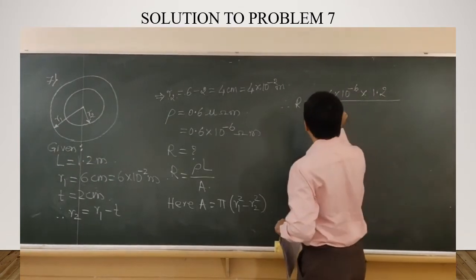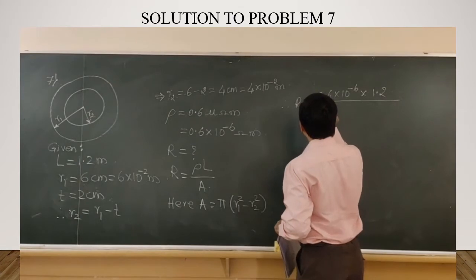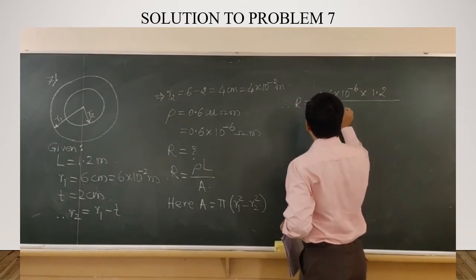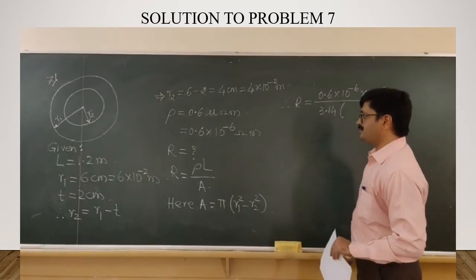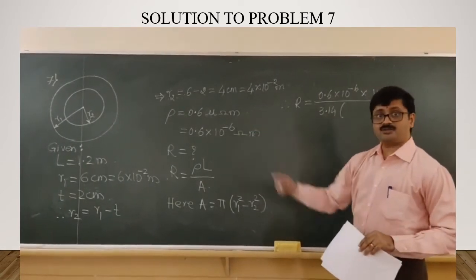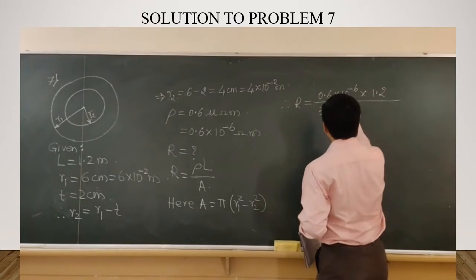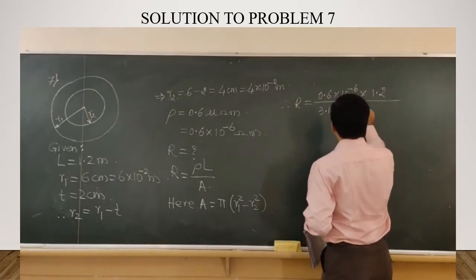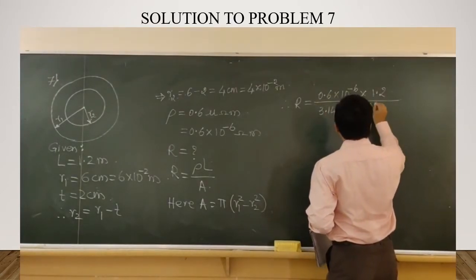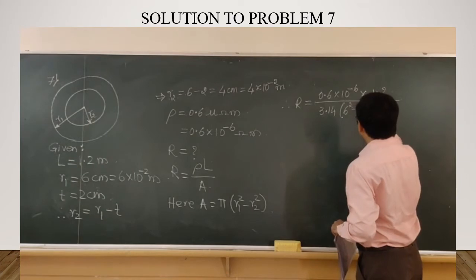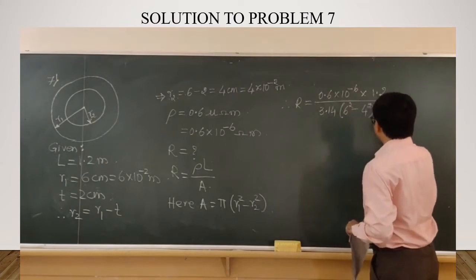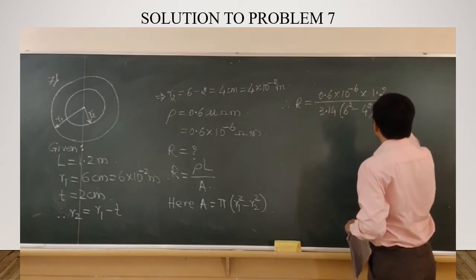Area is pi, that is 3.14, into R1 square, where R1 is 6 into 10 raised to minus 2, whole square. So I will write it as 6 square minus 4 square, whole multiplied by 10 raised to minus 4.